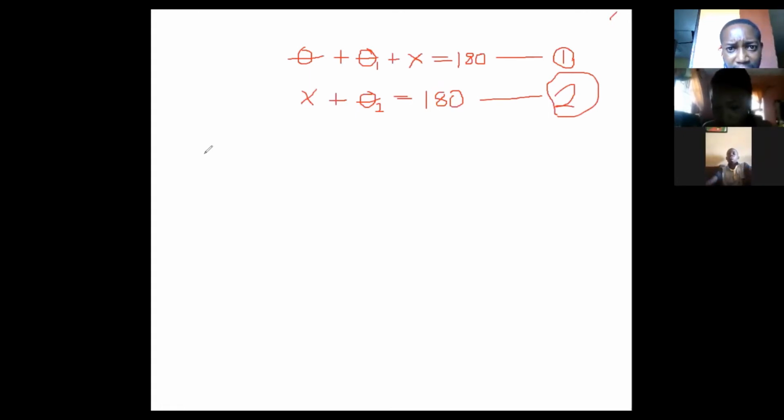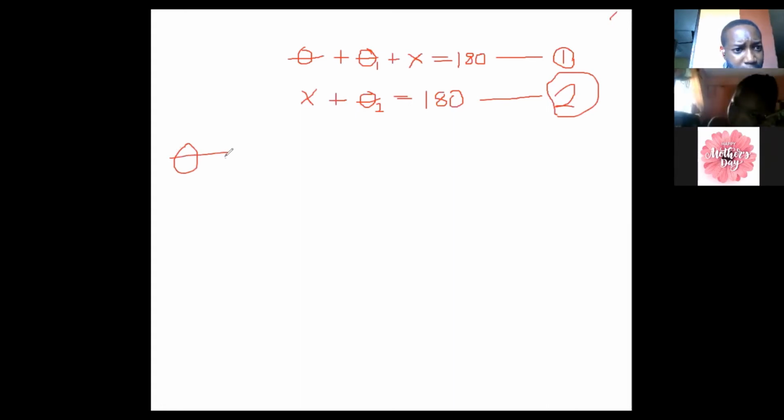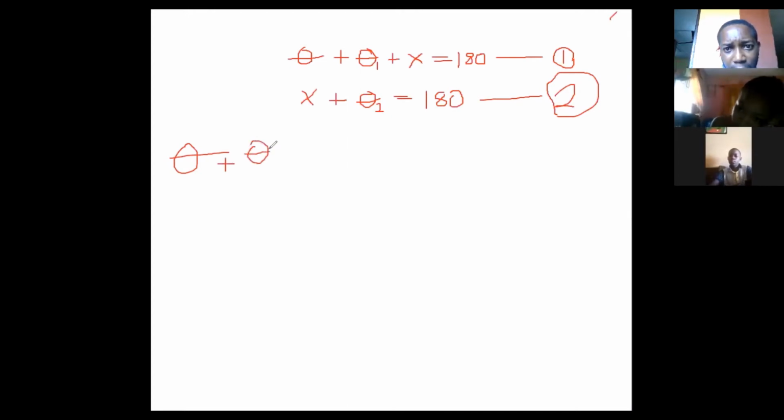I will now say that theta plus theta 1 plus x equals x plus theta 2.